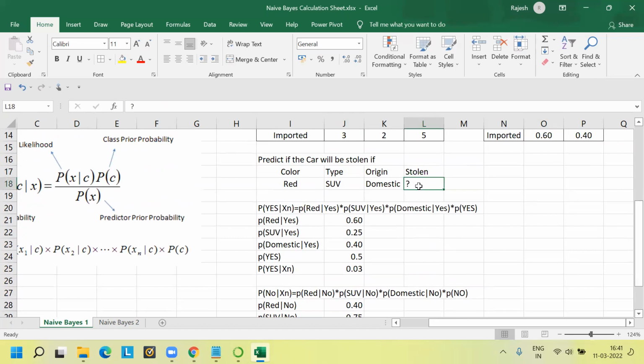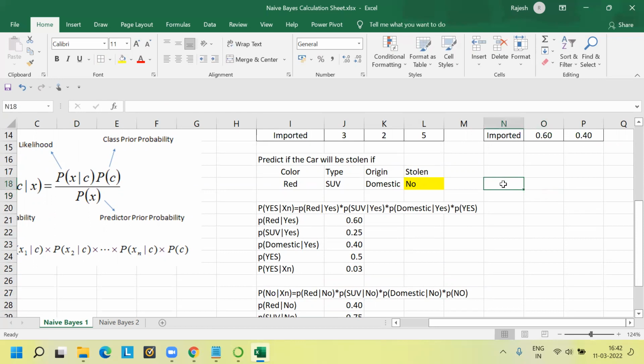Which probability is higher? So the final prediction is no. The car will not be stolen. 0.09 is greater than 0.03.